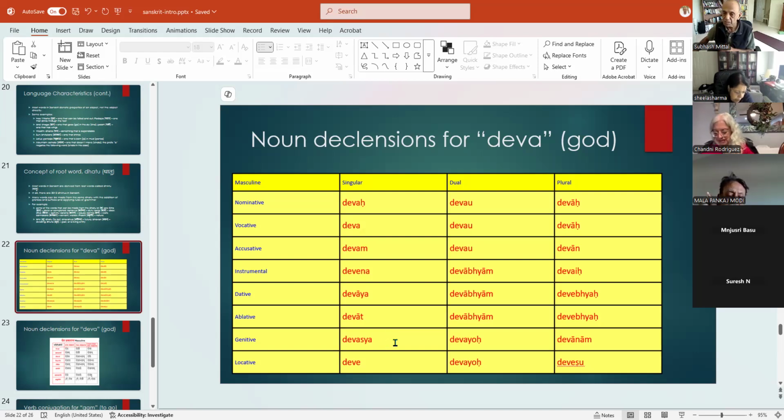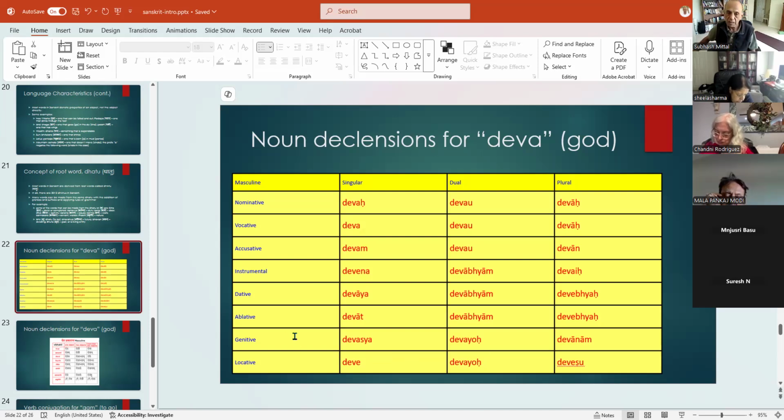Devasya means belonging to somebody. Devasya pustakam. Then this is locative, on something or on top of something, under something, that's Deve. Repeat after me. Deve, Devayoho, Deveshu. So it's on something. This is how it is declined.